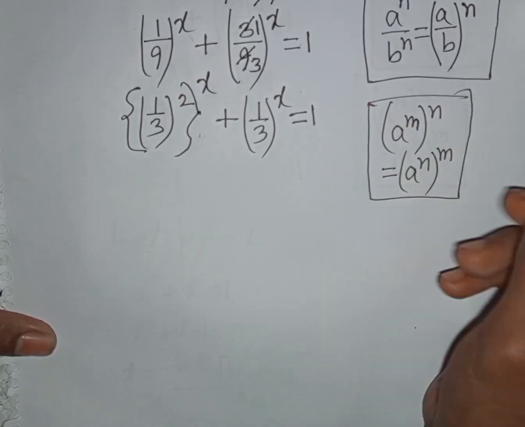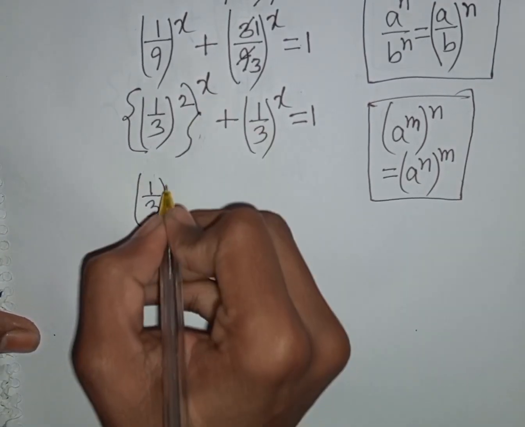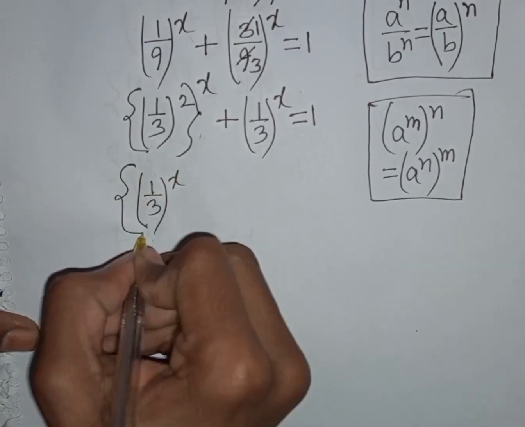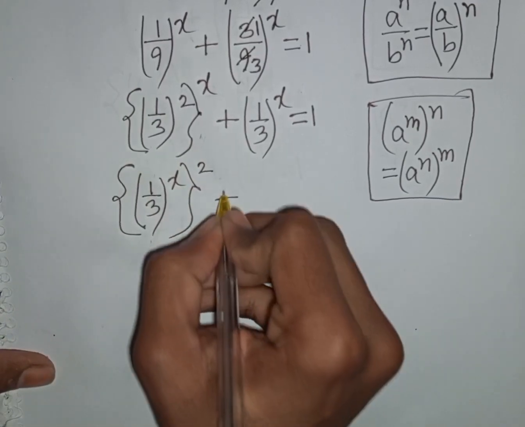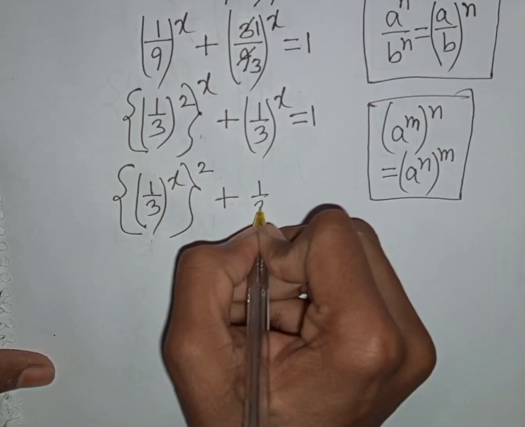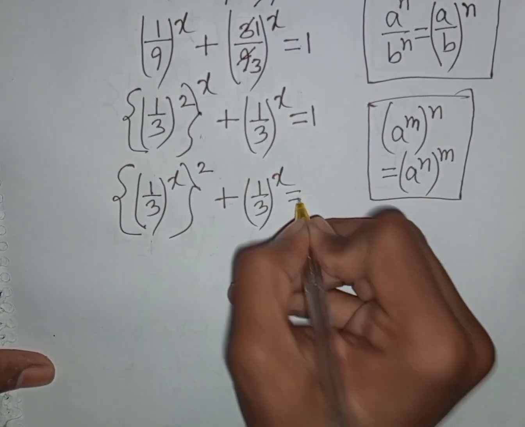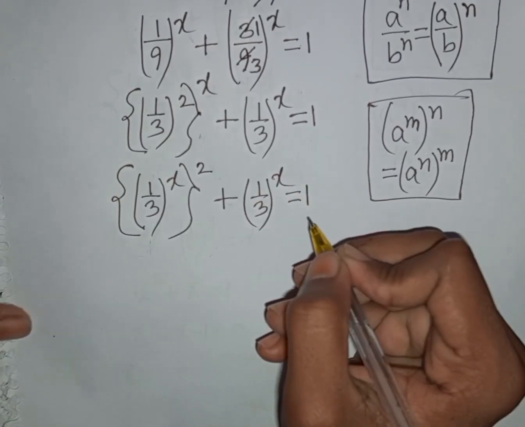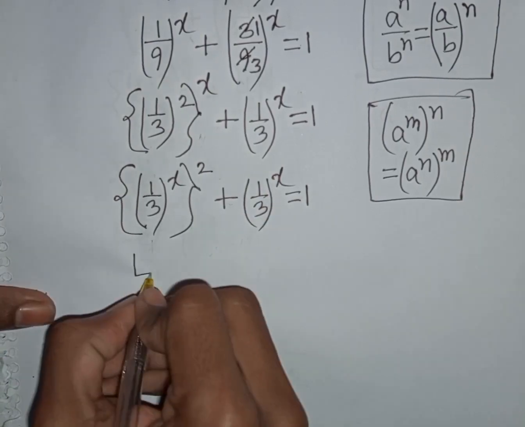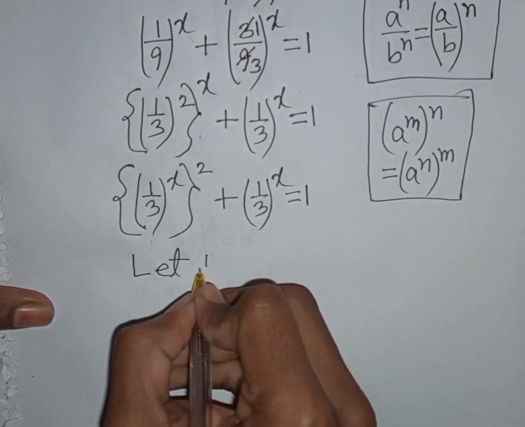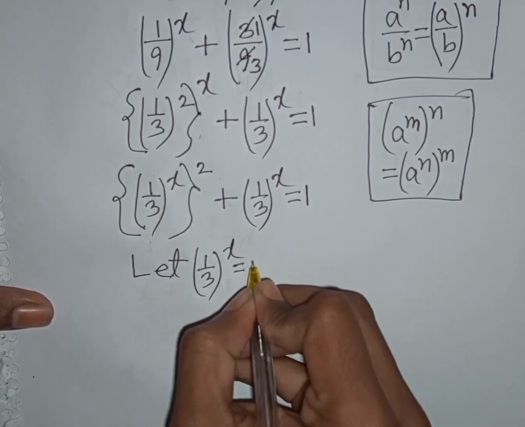So according to this rule I can write ((1/3)^x)^2 plus (1/3)^x is equal to 1. Now we see (1/3)^x and (1/3)^x, both terms are the same. So let (1/3)^x be substituted by y.